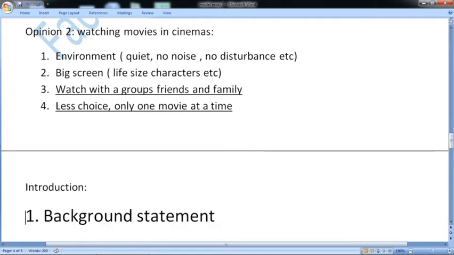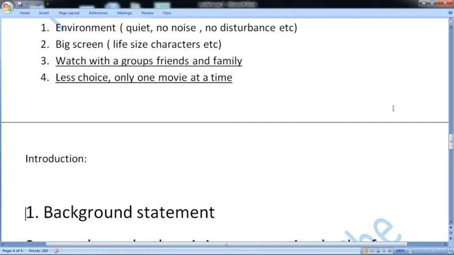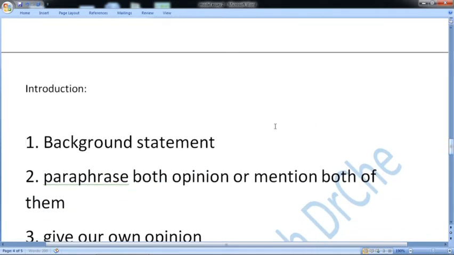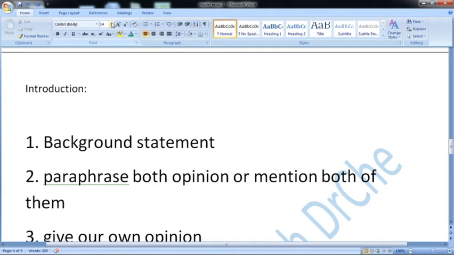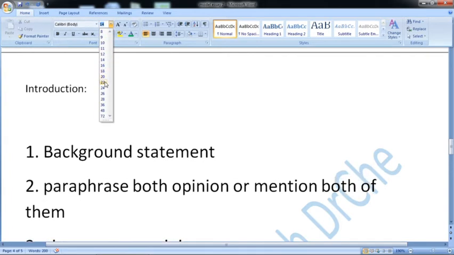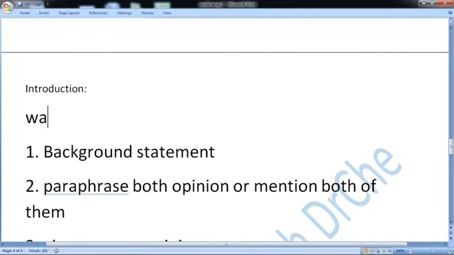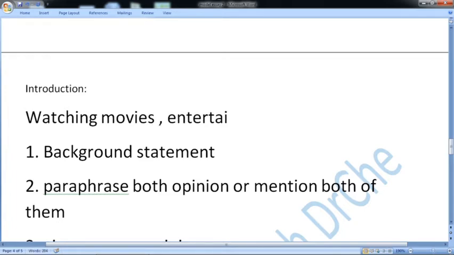Let us see what the topic is. The topic is about entertainment, watching movies at cinemas, or you can say place of entertainment.